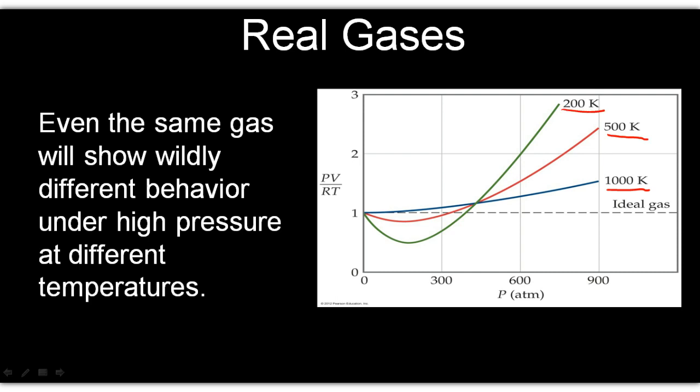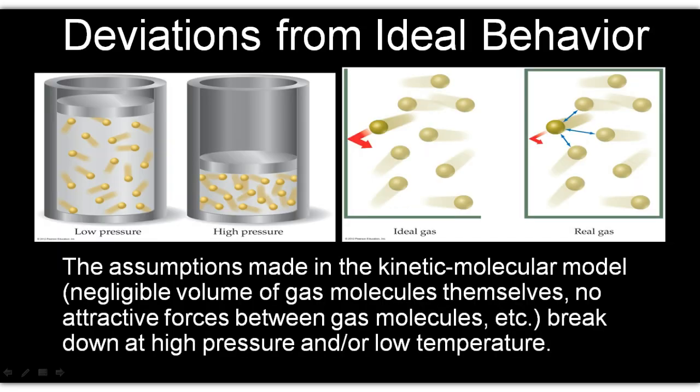It would be this one here: if we hold pressure constant at 600 atm, when the temperature is really, really high, it's closest to an ideal gas. We'll figure out what that means shortly.